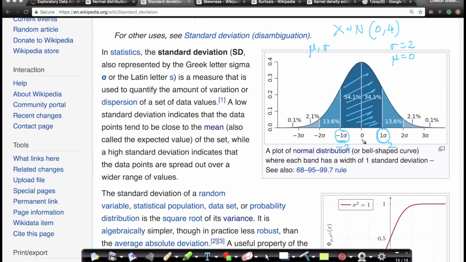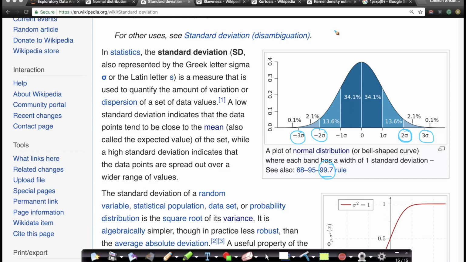I can tell you that without actually measuring thousands or even hundreds of thousands of humans. Similarly, I can tell you that between minus 2 standard deviations and plus 2 standard deviations, there are 95% of points. Similarly, between minus 3 standard deviations and plus 3 standard deviations, I can observe 99.7% of points, right?